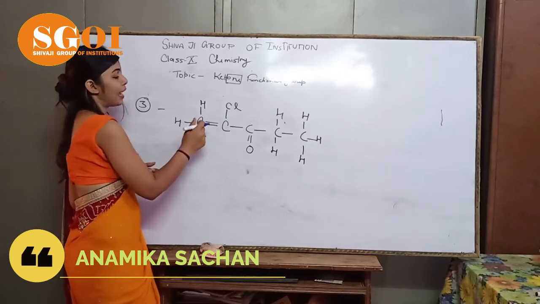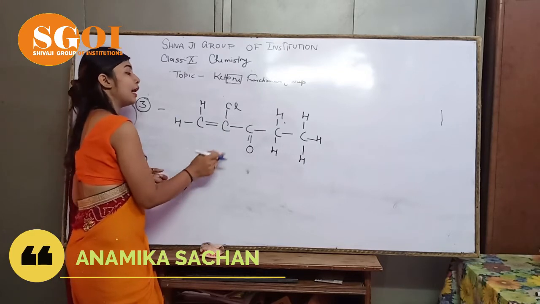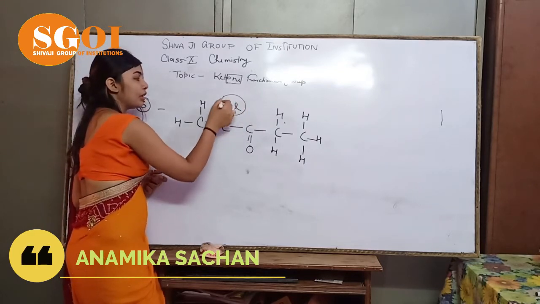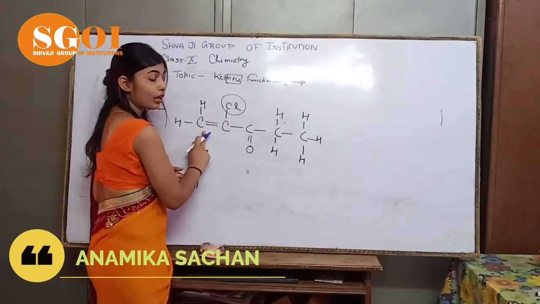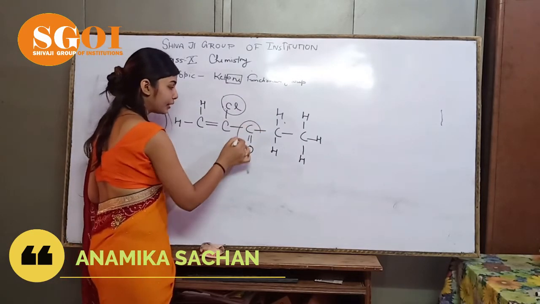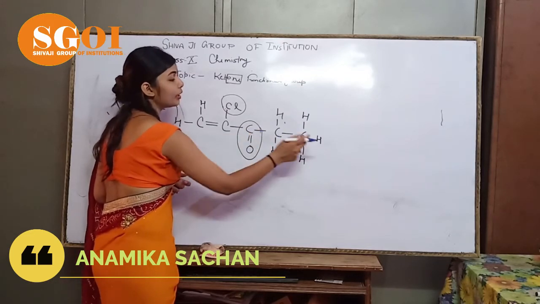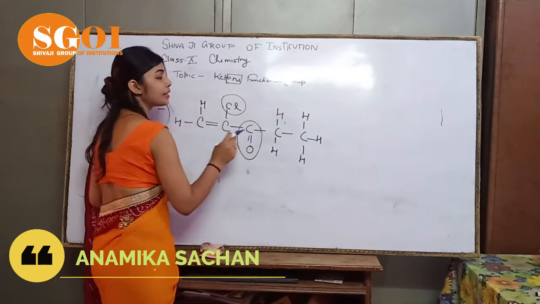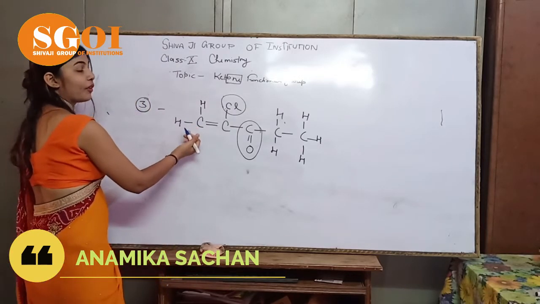Because this side has the double bond in first position and it also contains Cl, and on this side we start the counting. The ketone functional group is present in second position and on this side it is also present in that position. That is why we start the counting from this side.